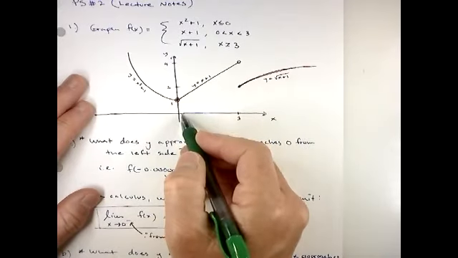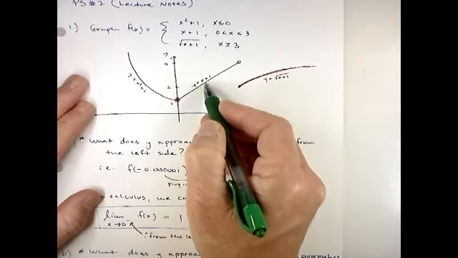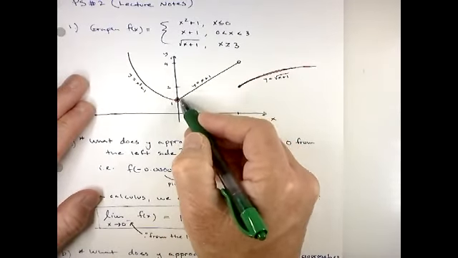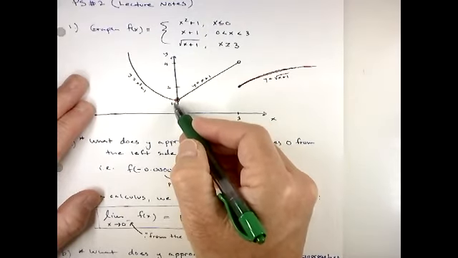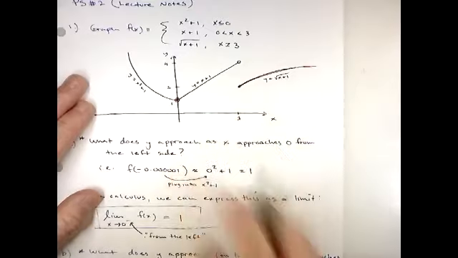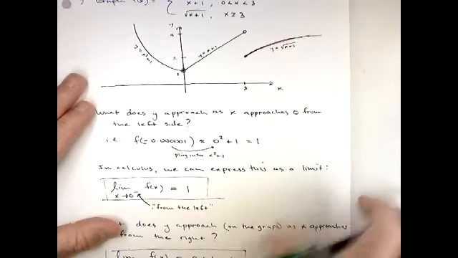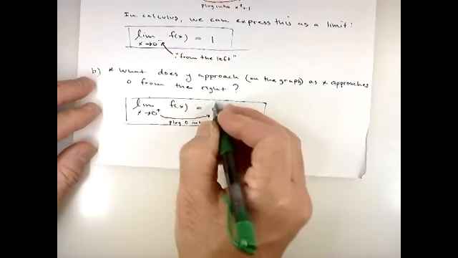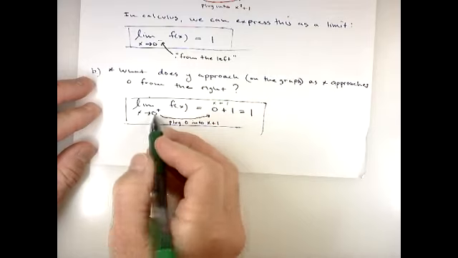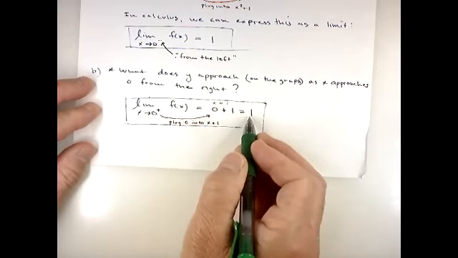If we were approaching 0 from the positive side, we would be on the line graph. If x was getting infinitely close to 0, our y value is going to be getting infinitely close to 1. My graph here was x plus 1, so if you just put 0 in for x, we get a y value of 1.